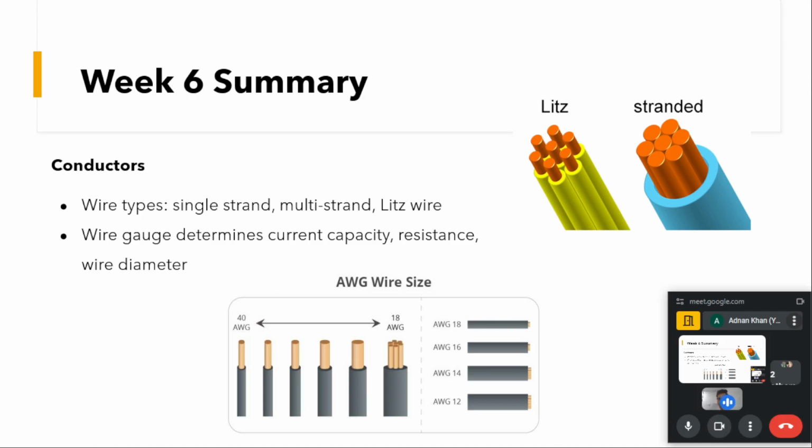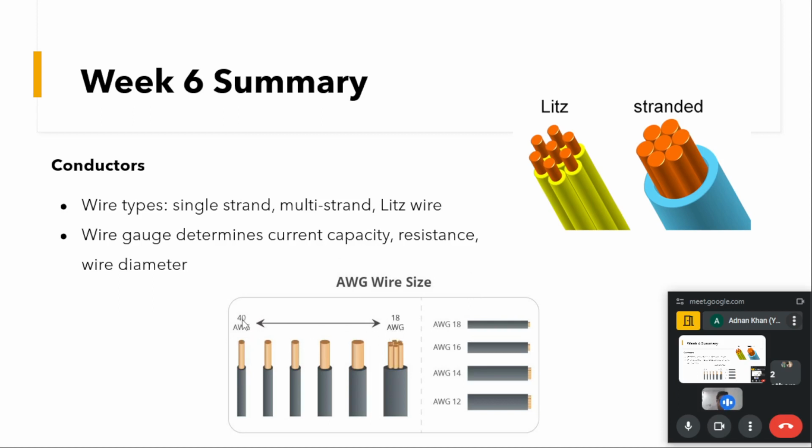A particular wire gauge will have a particular wire diameter. We have different standards for wire gauge. One such standard, as you can see here, is AWG, known as the American Wire Gauge system. The other is SWG, the standard wire gauge. Here you can see we have 40 AWG to 18 AWG.